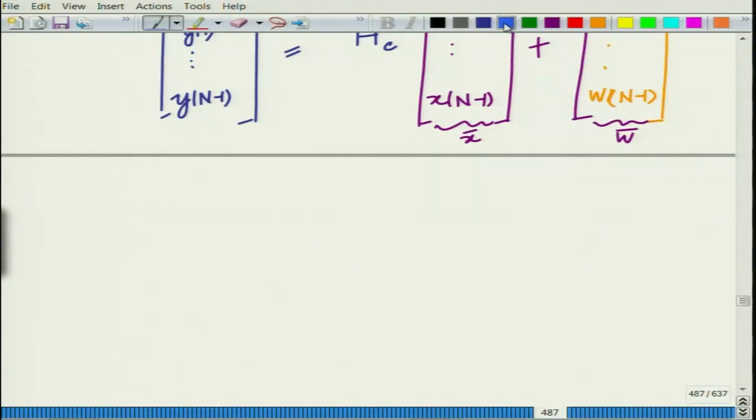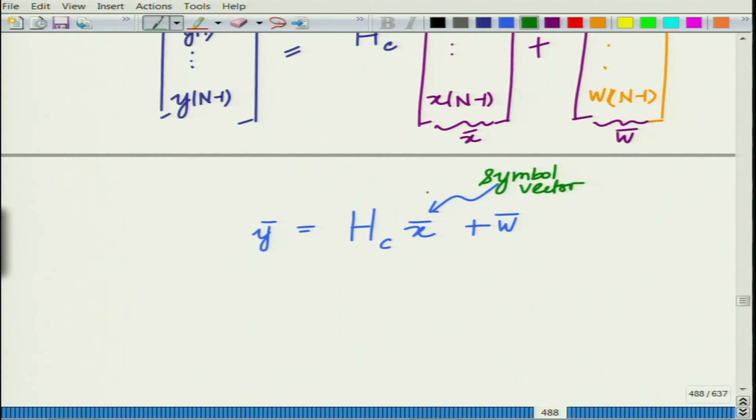And therefore, I can represent this as y bar equal to Hc x bar plus w bar. This is your symbol vector, and this is your circulant matrix.